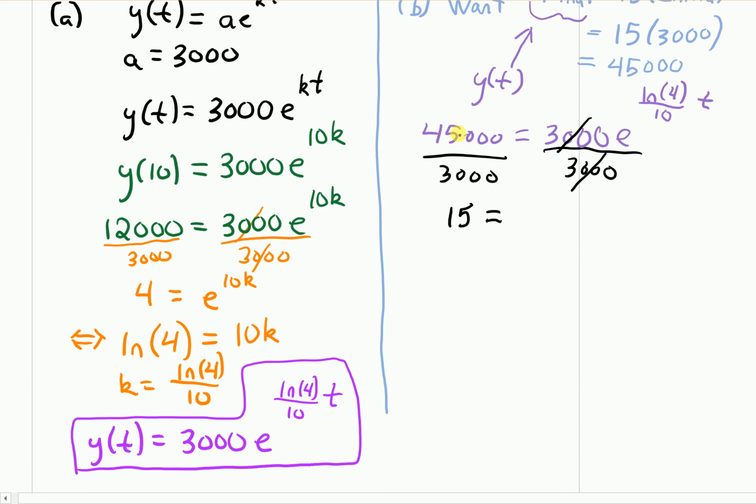If we weren't sure about that, we could use a calculator. That's 15. Then on the right-hand side, we have e to the ln of 4 over 10 times t in the exponent. Again, we have an exponential equation. This looked like what we had before, where we had 4 equals e to the something. Here the exponent is just more complicated, but this is okay. We can still transform it to a log.